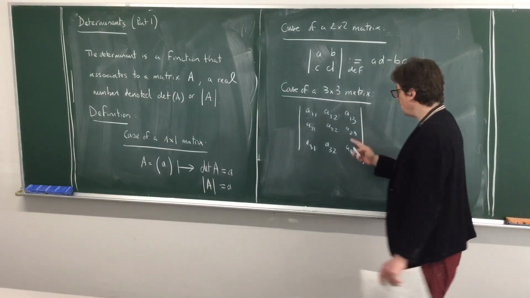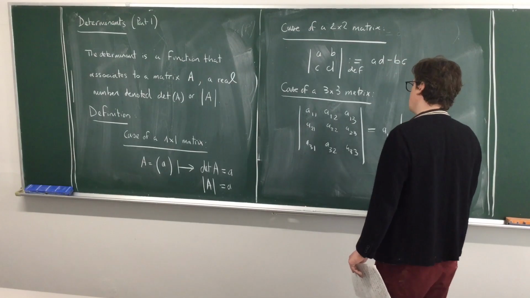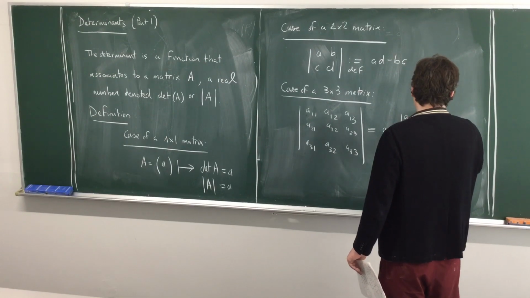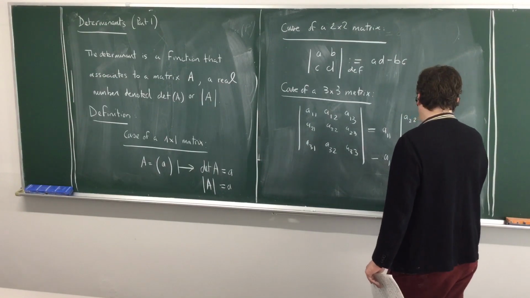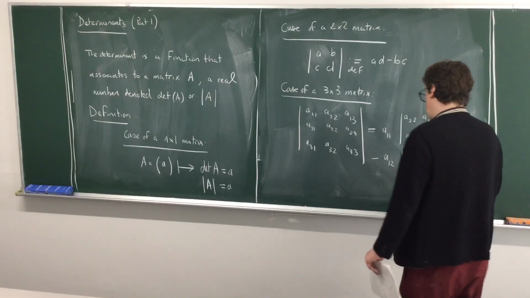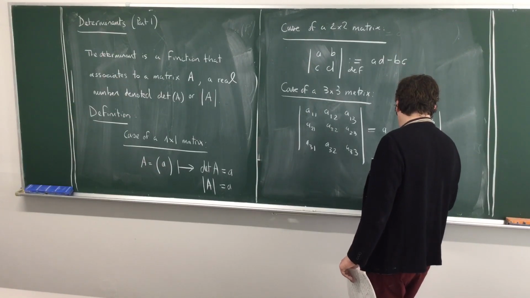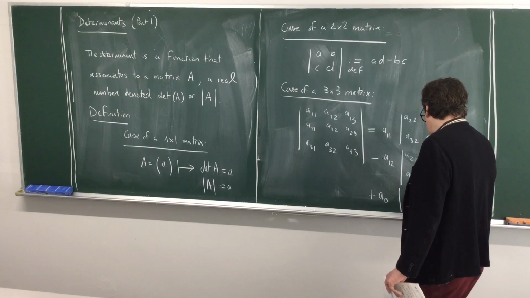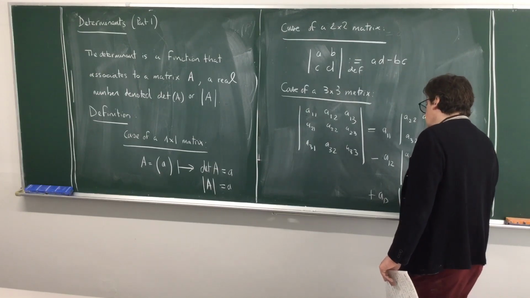Okay, so we will take as a definition of this A11 times the determinant of A22, A23, A32, A33, minus A12, and here we will take A21, A23, A31, A33, and finally plus A13, and we will take the 2 by 2 determinant A21, A22, A31, A32.